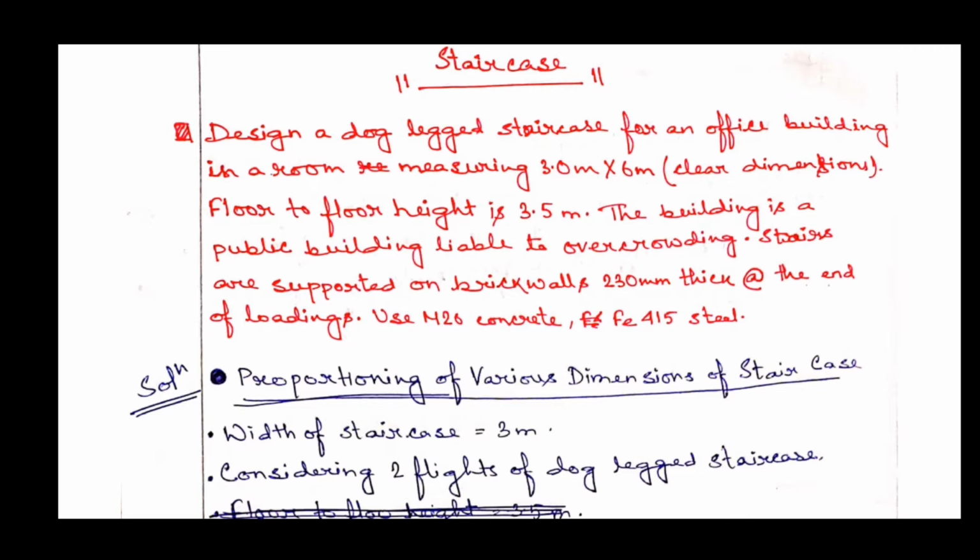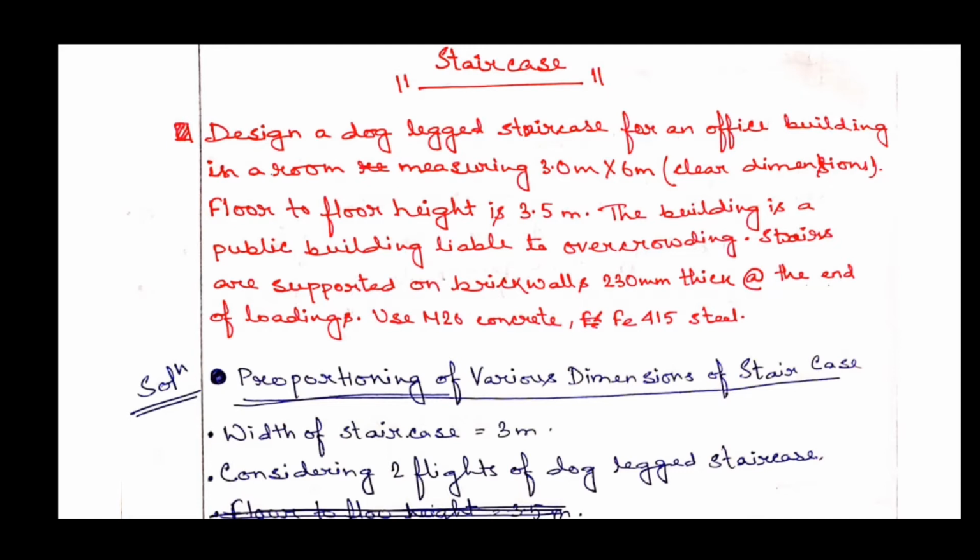A stair is a very important part of a building. This may be an office building, a school building, or a residential building. So the loads and geometrical design for comfort depend upon the type of building where we have to place the staircase. Load conditions are different, and live loads are different depending upon the type of building.